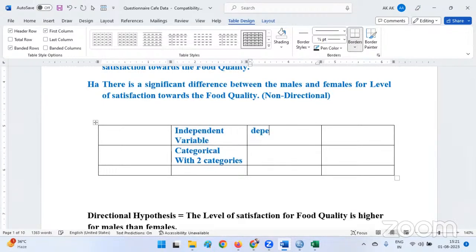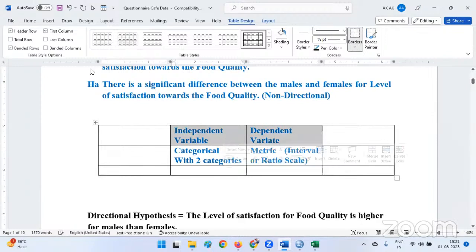And what should the dependent variable be? It should be metric, interval or ratio scale. It should be either on interval scale or on ratio scale.